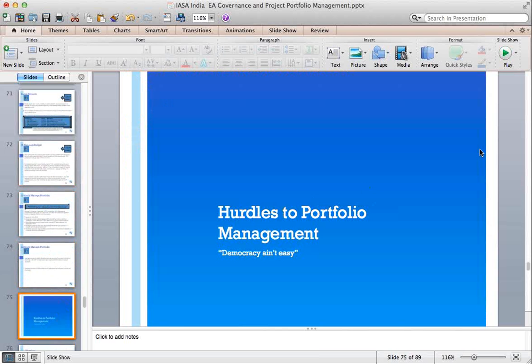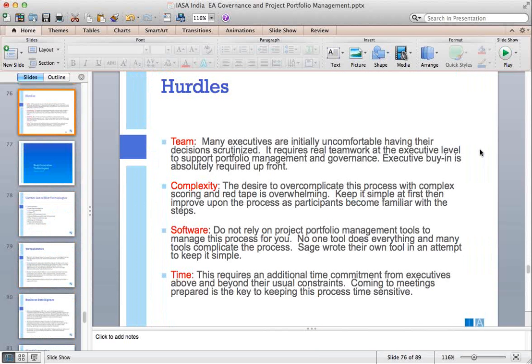There's one thing I wanted to say before we close today's discussion on project portfolio: the many hurdles we have often seen when we work.